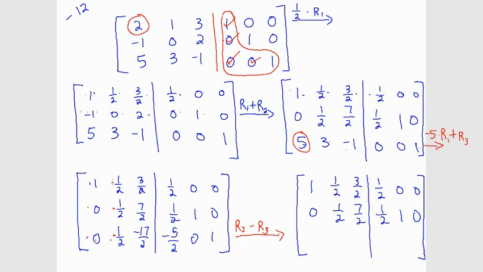And now 0 minus 0, that keeps a 0. That's what we want. And then we got the 1/2 minus 1/2. That's 0. Great. And then we've got the 7 halves minus a -17 halves. So that'd be 7 halves plus 17 halves. That's 24 halves. That gives you 12.